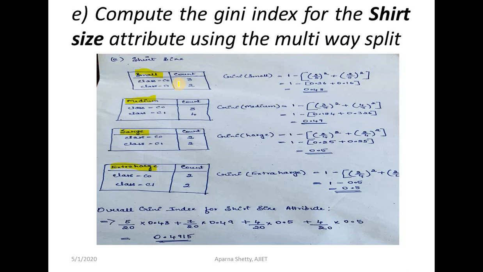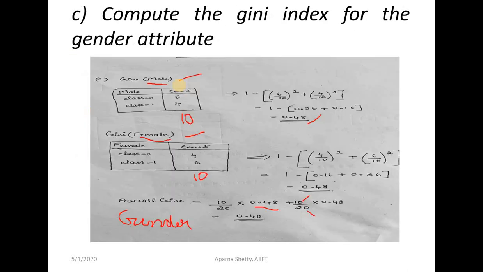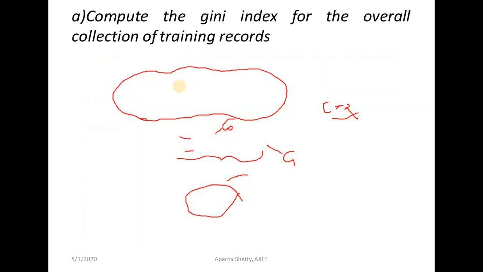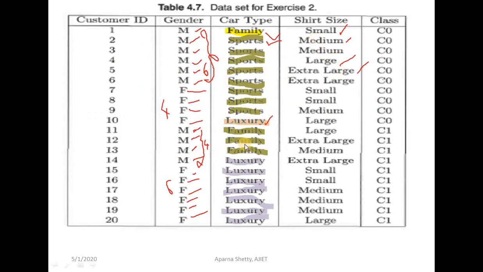So in the table, shirt size is small, how many belong to class 0? 1, 2, 3, right?